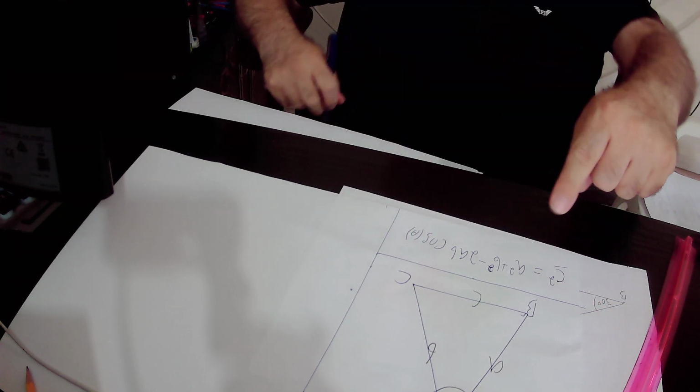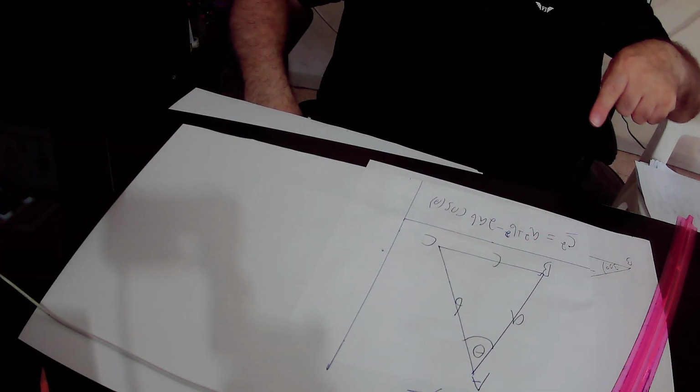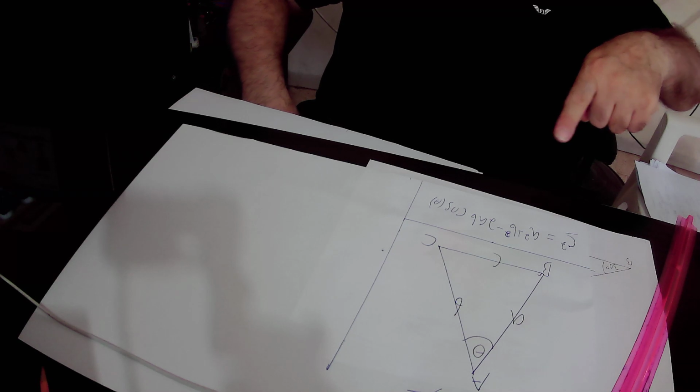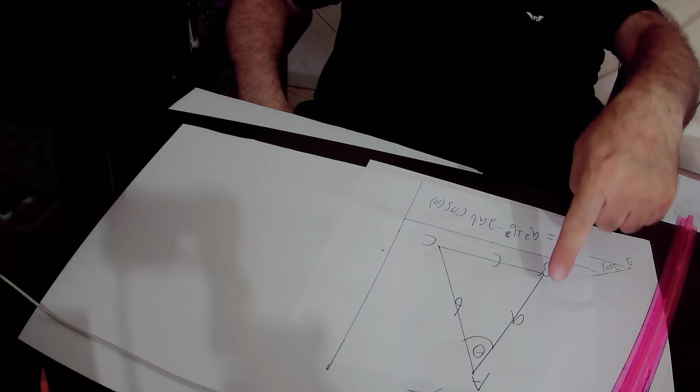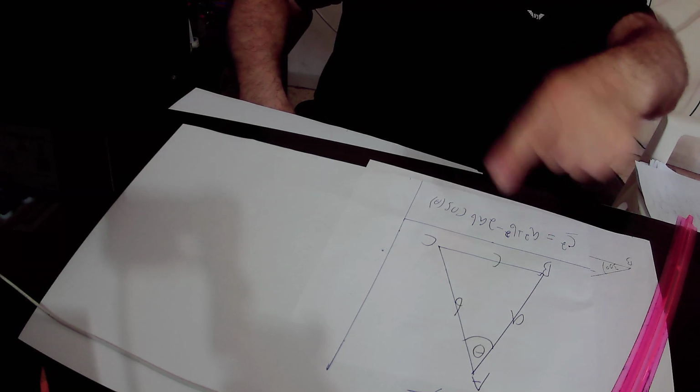I'll repeat again, in this triangle ABC, that could be any triangle, the following equation is true, that C squared equals A squared plus B squared minus 2 times A times B times cosine theta.